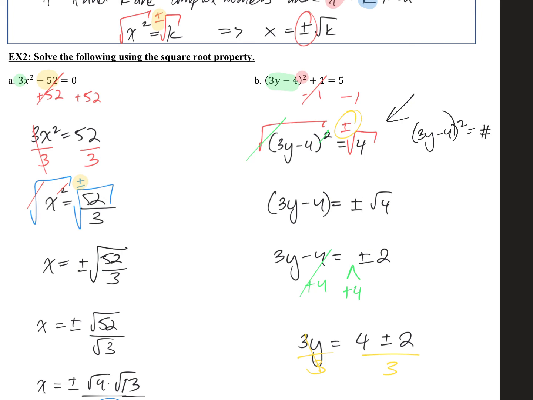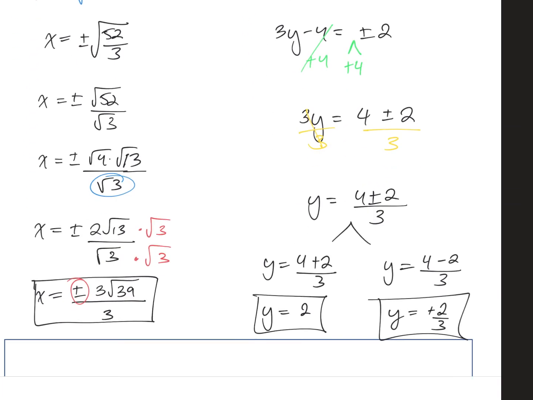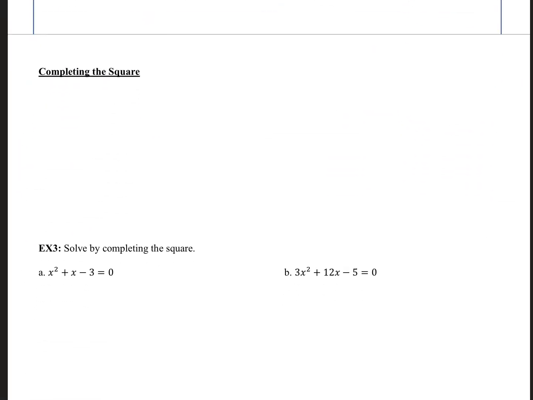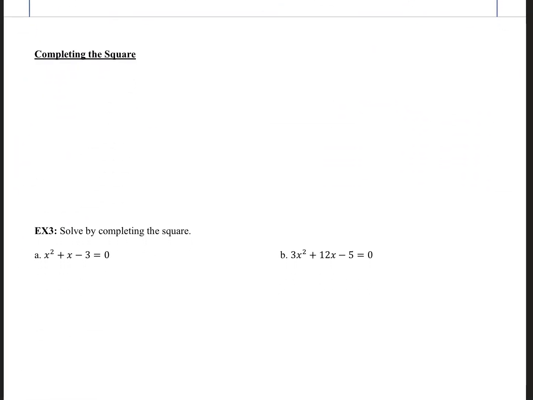We want to get it to something squared, because then we can just use the square root property instead of trying to zero factor like we would do before. So in completing the square, if we have something like ax squared plus bx plus c equals 0, what we're going to do is first move the constant to the other side. That's the first step.